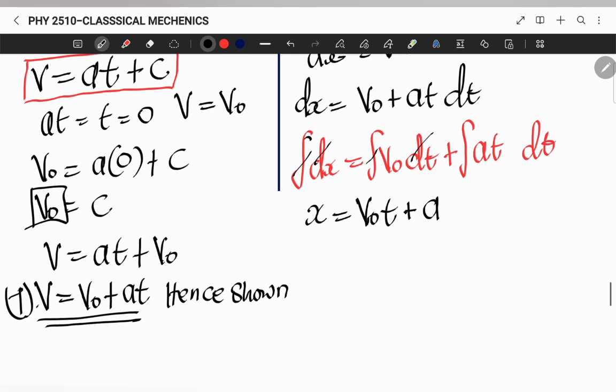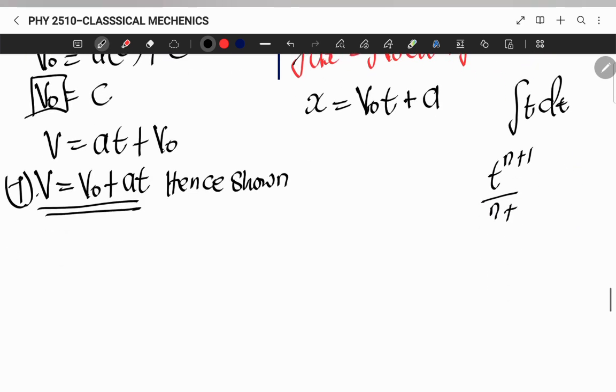Now here, let me say a little bit about the rule of integration. Since a has come out, we've remained with the integral of t dt. When you are integrating this, the rule of the integral is t to the power n plus 1 over n plus 1.